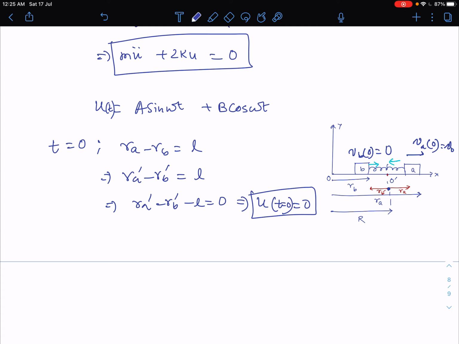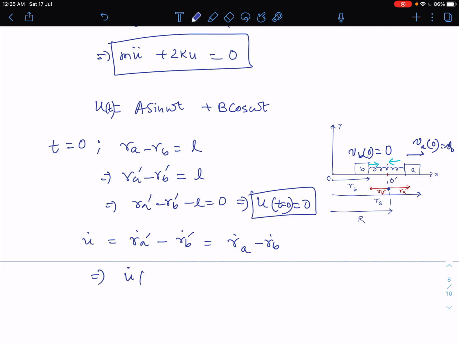If you take u dot, you will get Ra prime dot minus Rb prime dot, and since L is constant, you can ignore that. Since Ra prime minus Rb prime equals Ra minus Rb, this is similar to Ra dot minus Rb dot, right?